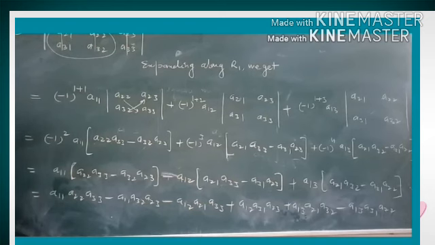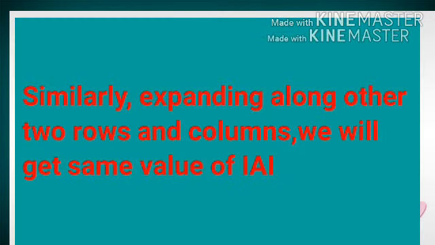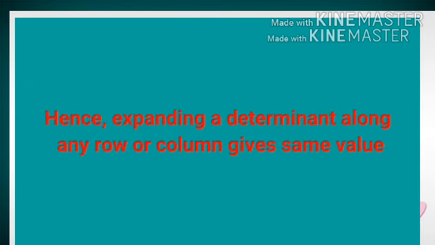This is the value of a determinant of order 3. Similarly, expanding along the other two rows and columns, we get the same value of determinant A. Hence, expanding a determinant along any row or column gives the same value.